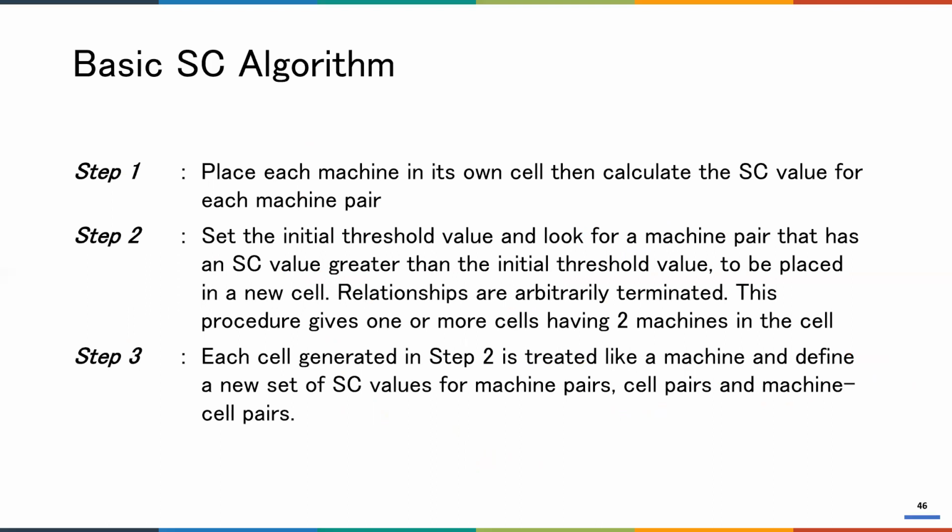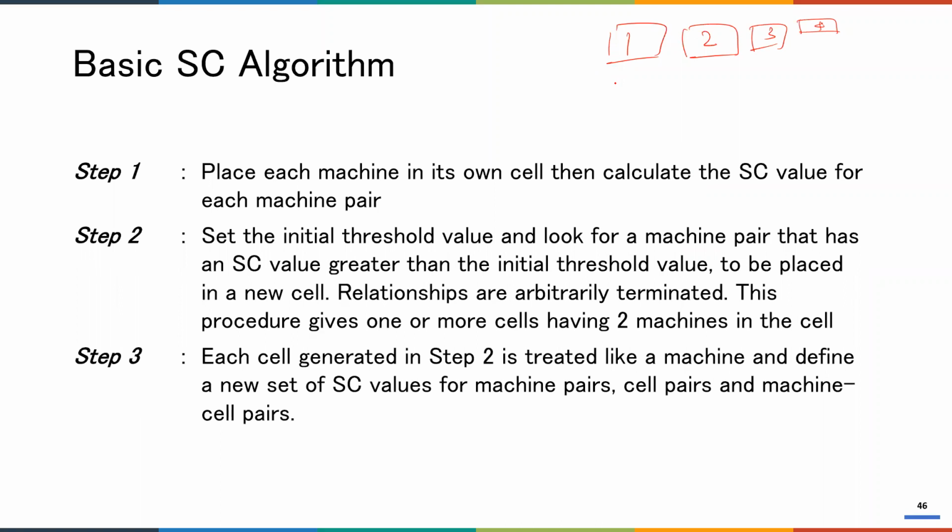For this algorithm, you need to make a pair. Let's say you have 4 machines: machine 1, machine 2, machine 3, and machine 4. First you consider every machine as its own cell, and then you make the machine pairs.